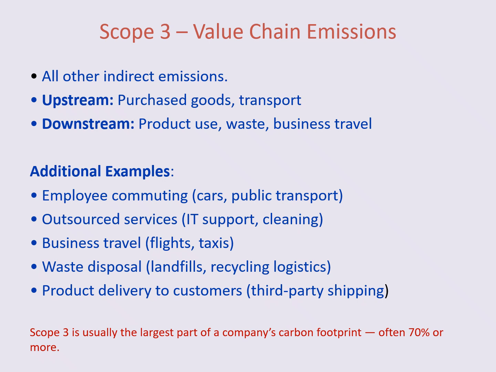Product delivery to customer, third party shipping, scope 3. So scope 3 is usually the largest part of a company's carbon footprint. We can say almost 70 percent of the carbon footprint is in scope 3, upstream and downstream put together.